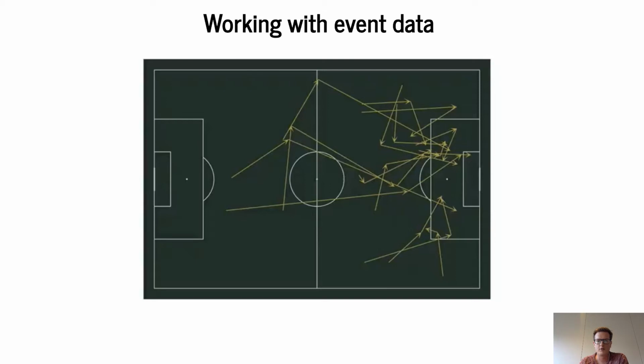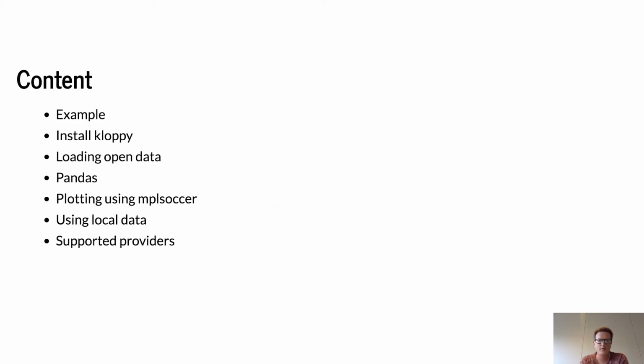And in this tutorial we have a look at how to load this data using Kloppy and how to do stuff with it. So let's have a quick look at what we'll discuss within this tutorial. First we will look at an example, then look at how to install Kloppy and load data with it.